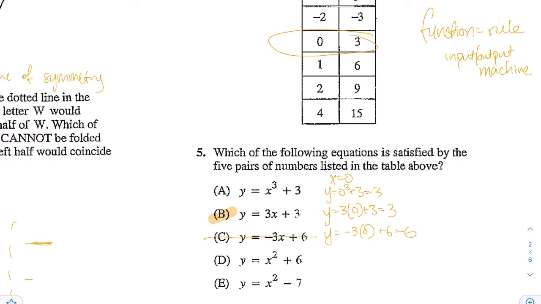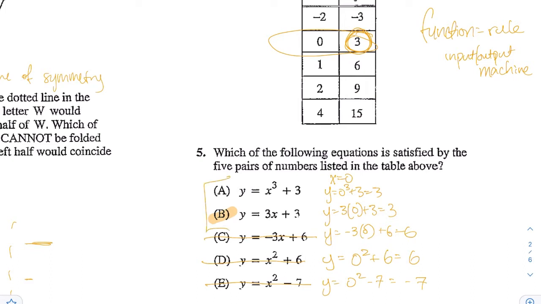So that's wrong because the y value has to be 3. For choice D, you got y is equal to 0 squared plus 6, which is equal to 6. Again, that's incorrect. And for choice E, you have 0 squared minus 7, which is equal to -7. It's again not equal to +3, so that's wrong. So you're just left with choices A and B left.